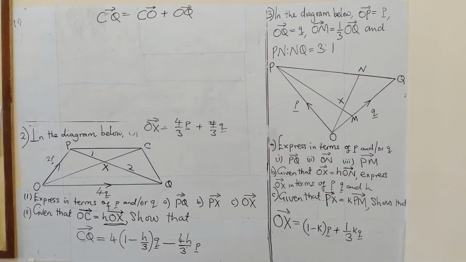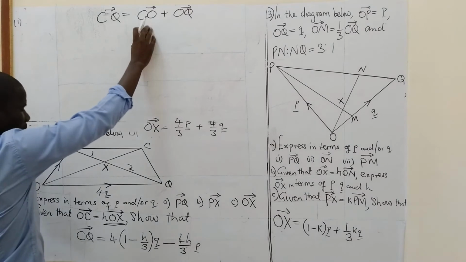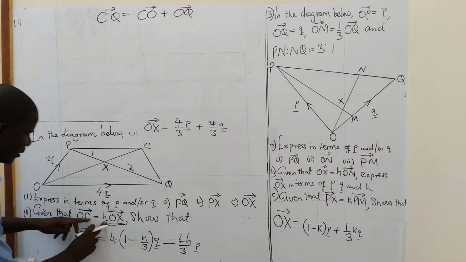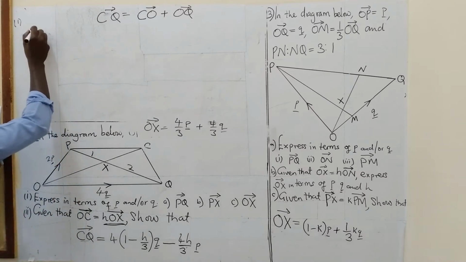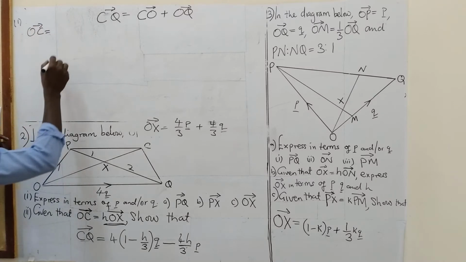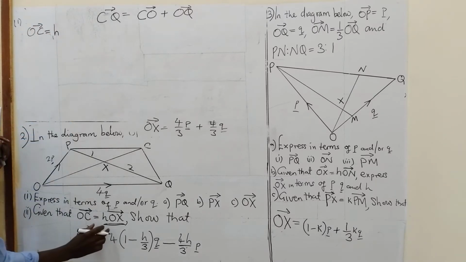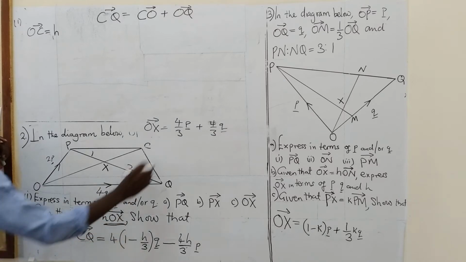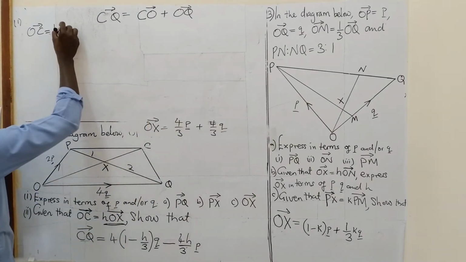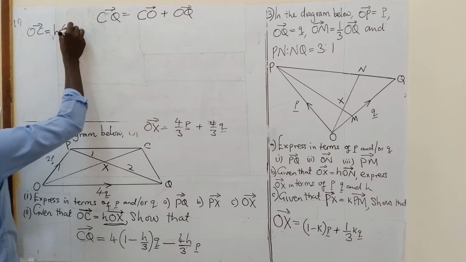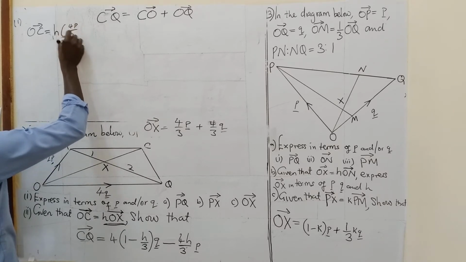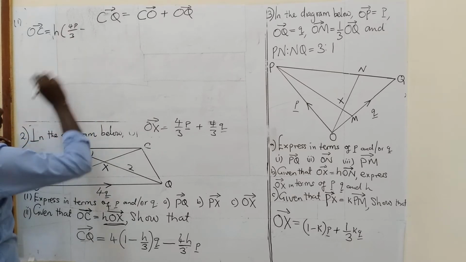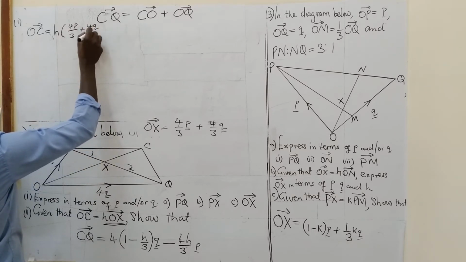So this is what we are talking about. Remember that here we have OC, which is given as h OX. Now, what is our OX? Our OX has been found here as 4p over 3 plus 4q over 3.